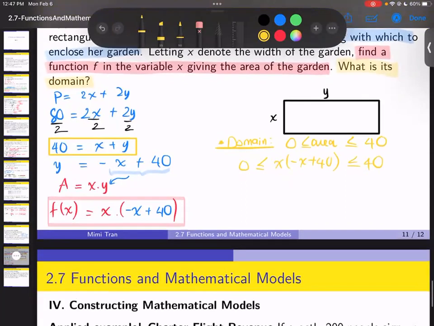What I'm going to do is set it equal to 0 first, and equal to 40. So set it equal to 0, and then you solve. So either x equals 0 or x equals 40.